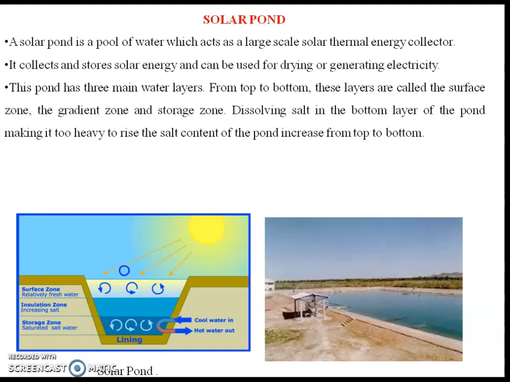These layers run from top to bottom. Salt is dissolved in the bottom layer of the pond, making it too heavy to rise, so the salt content of the pond increases from top to bottom.